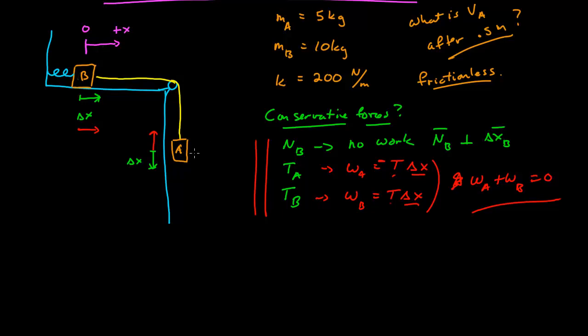For A, I'm going to give it a coordinate system. Its 0 is going to be at its location when B is at equilibrium with the spring, and I'm going to give it a positive x down, so that if delta x is positive for A, then delta x is positive for B.